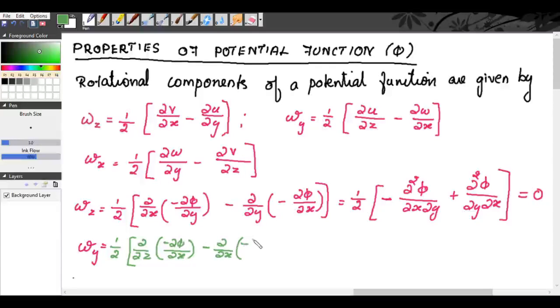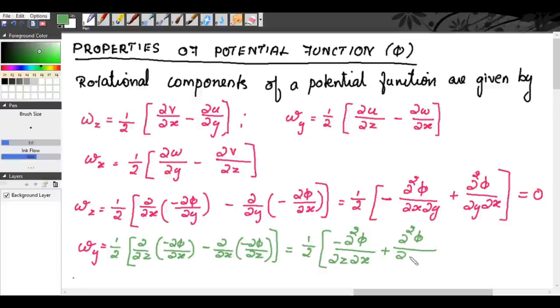W means it is minus dou pi by dou z. So we get half of minus dou square pi by dou z dou x plus dou square pi by dou x dou z. So this is also equal to 0.